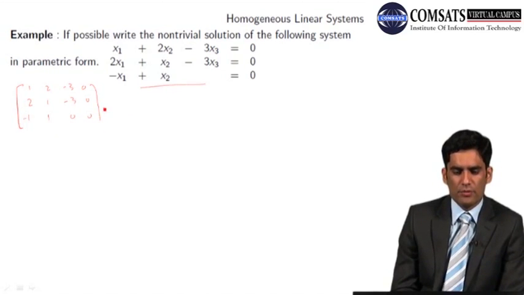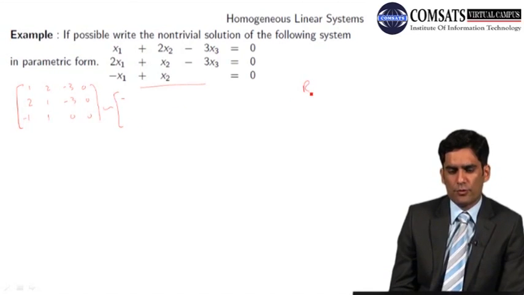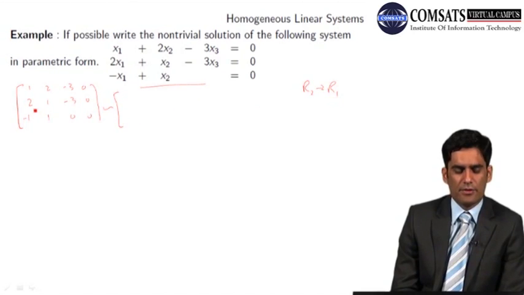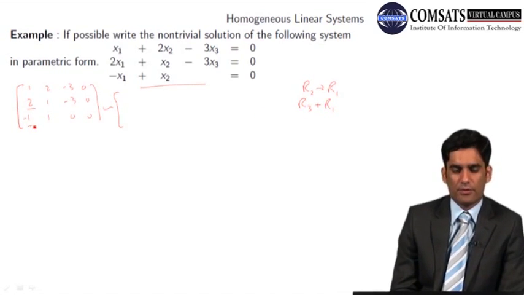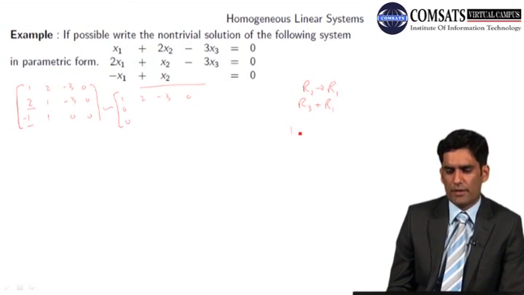Now I will do row operations. What row operations do I have to do? r2 minus 2 times r1, that will make this element 0, and r3 plus r1, that will make this element 0. So I will have 1 0 0, 2 -3 0, and here I have to subtract 2 times -4.